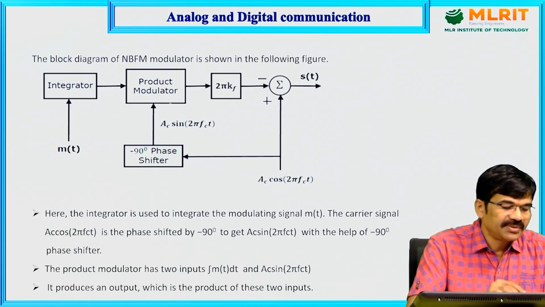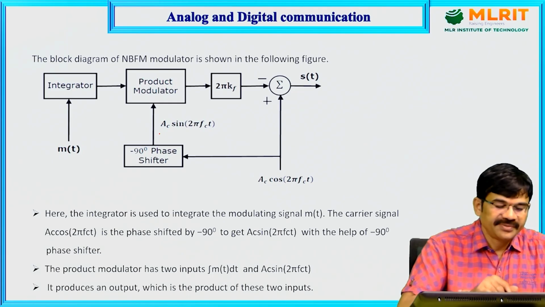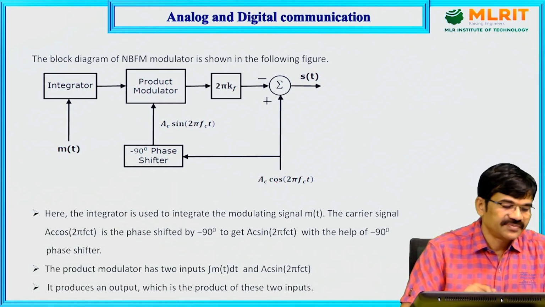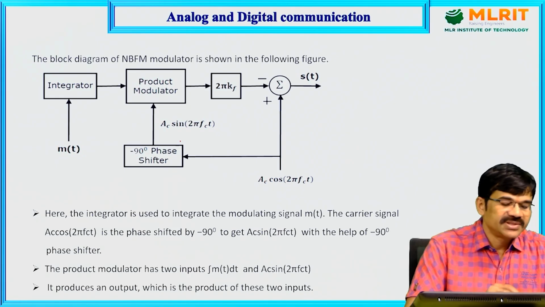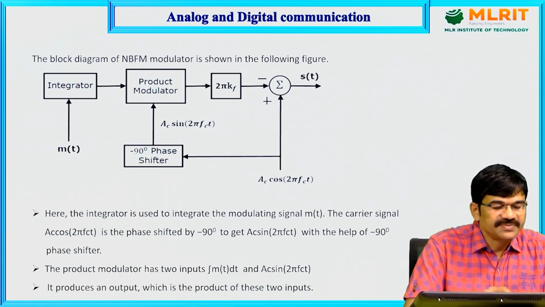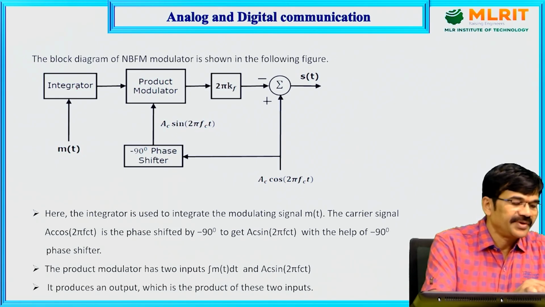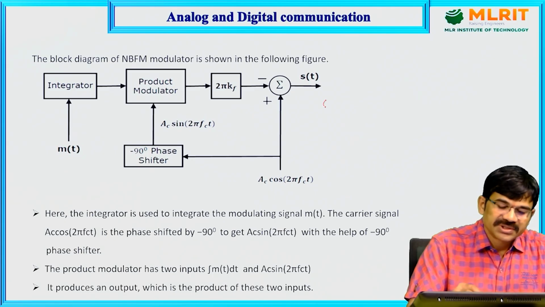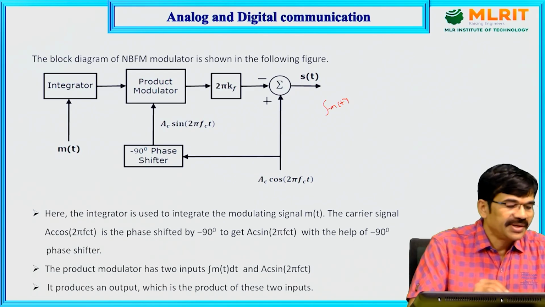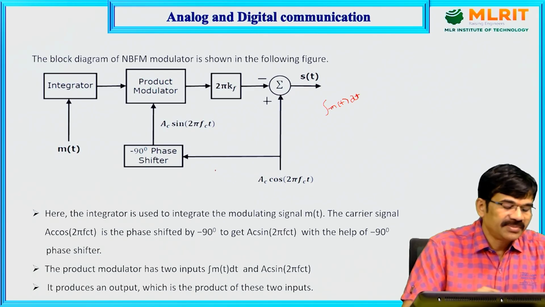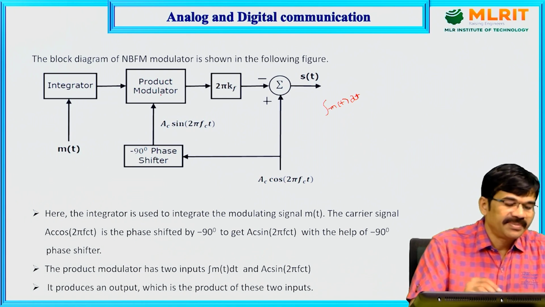and product modulator. For the product modulator we are applying AC cos 2 pi fct with 90 degree phase shift, it becomes AC sin 2 pi fct, and the integrator output is nothing but the integral of m of t dt. Then the product modulator multiplies two signals.